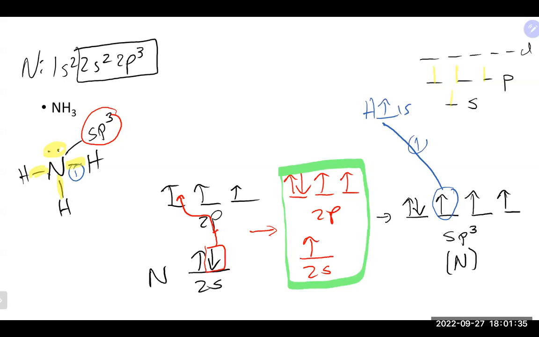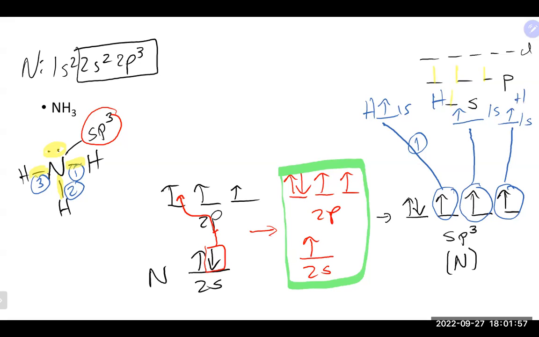Bond number 2 would be between this nitrogen and another 1s orbital of hydrogen. And bond number 3 here would be between this one and, again, running out of room, not drawn correctly in terms of energy, but we'll just squeeze it in there. We have now our 3 bonds to hydrogen.